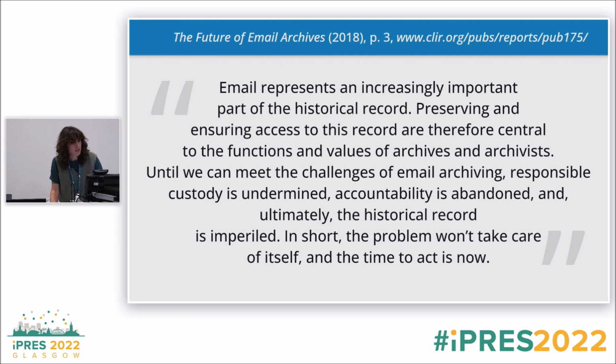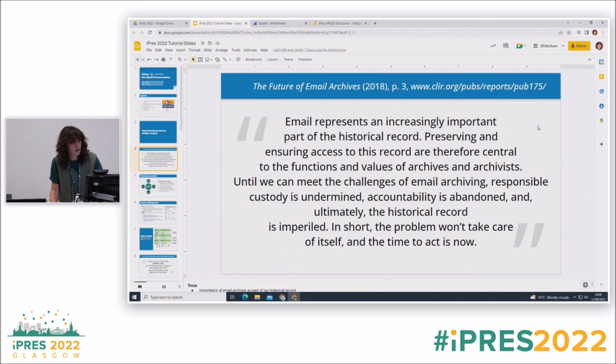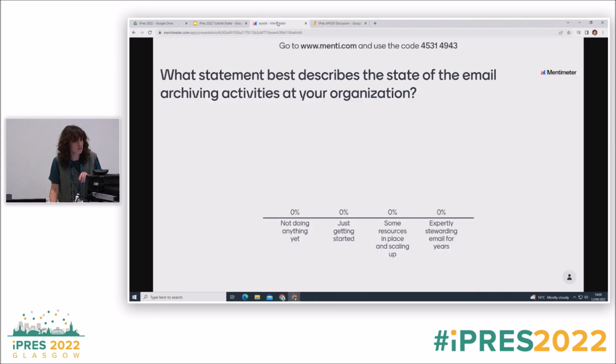I'd love to take a quick poll actually and get a little feedback on how everybody else is doing this. On your computers or your phones, if you go to menti.com, that's menti.com, and put this code in, 45314943 is the code.